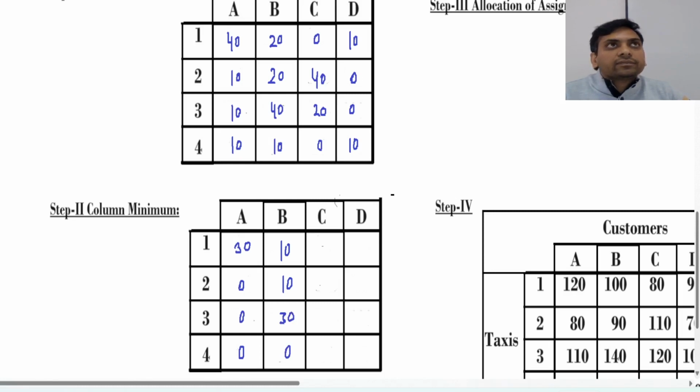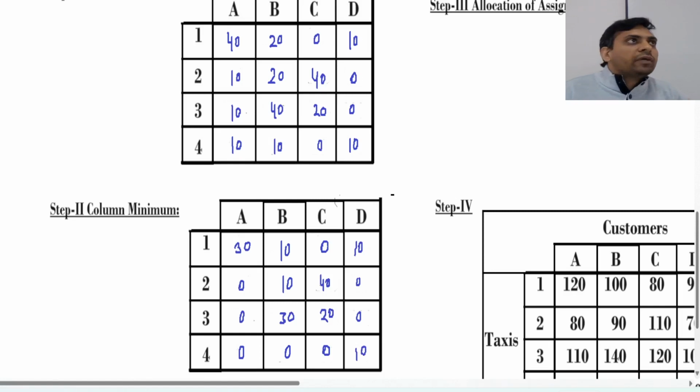In the third column, 0 is the least number, so no need to subtract, because subtracting 0 gives the same quantity. So we write the same column, no change: 0, 40, 20, 0. In the last column, again 0 is the least number, so we write the same column: 10, 0, 0 and 10.